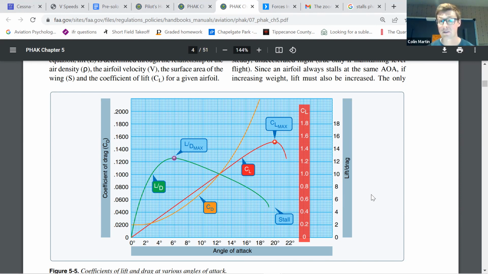Because if you add power, you can still stay in that stall if you don't reduce your angle of attack. And I guess increasing the power would automatically tip the nose up, which would increase the angle of attack? Yes. So maybe it's not so much a matter of the throttle, it's really a matter of lowering the nose. Exactly.